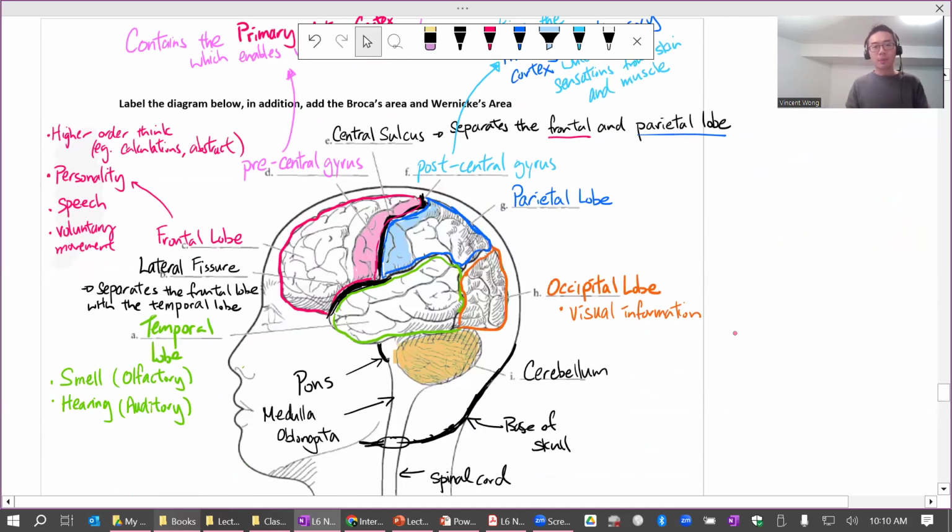Okay, so what does the parietal lobe do? Well, the parietal lobe basically is going to process somatosensory information. Somato means bodily, okay?